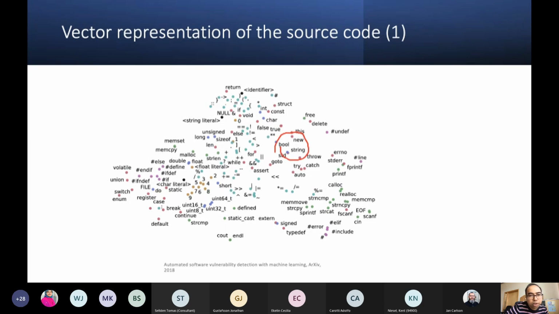Or free, delete are together here. For example, calloc and realloc are here. So we see that word2vec can also learn important features of the code, and they are applied to solve many software engineering tasks using neural networks.